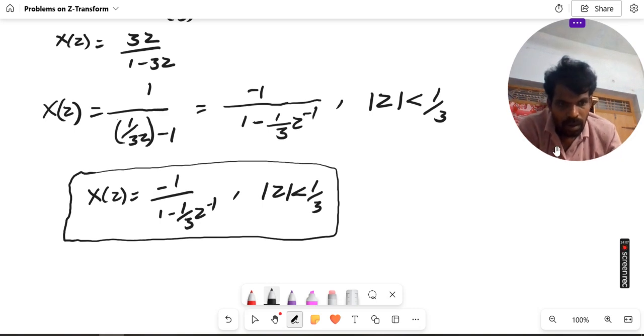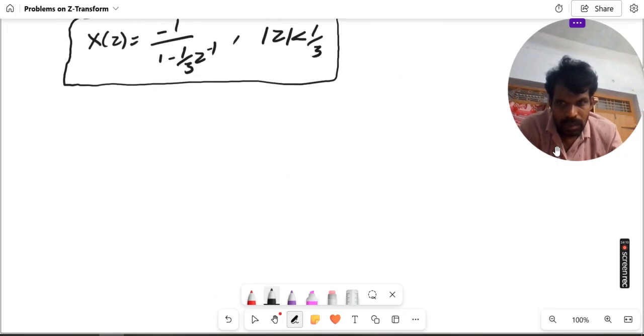Okay, now let us do the third one. What is the third bit?